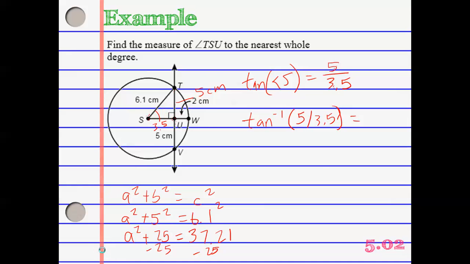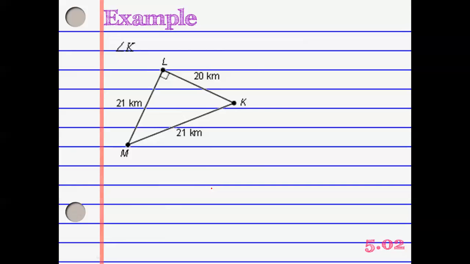And then from there, if they wanted angle T, we could just say 55 plus 90 and then subtract that from 180. All right, for this one, they want to find the measure of angle K. Remember, the tangent of angle K is going to equal opposite, so that would be 21, over adjacent. It's the leg that's next to K, because here we have 21 and 20.